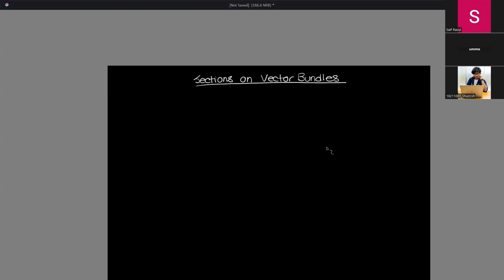So we're now ready to talk about the next thing, which are sections on vector bundles. The way I like to think about this is that there is a logical progression of ideas with vector bundles.